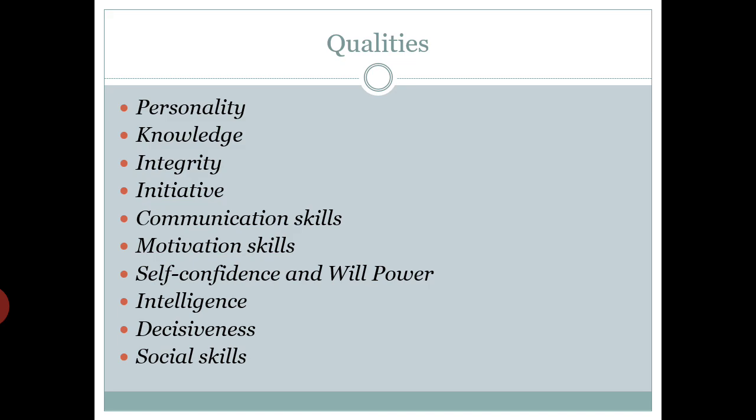Then knowledge. The leader should have adequate knowledge related to the subject, for example, technical skills. Because if your subordinates get stuck in some problems related to task accomplishment, whom will they consult?